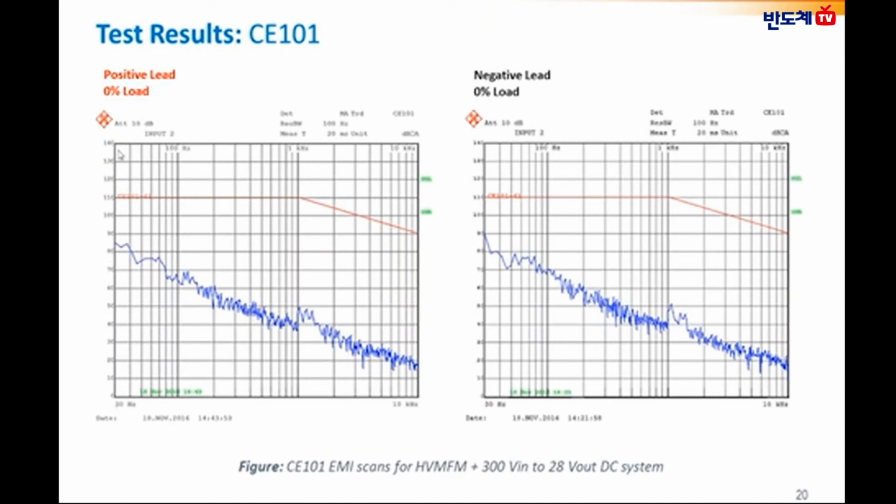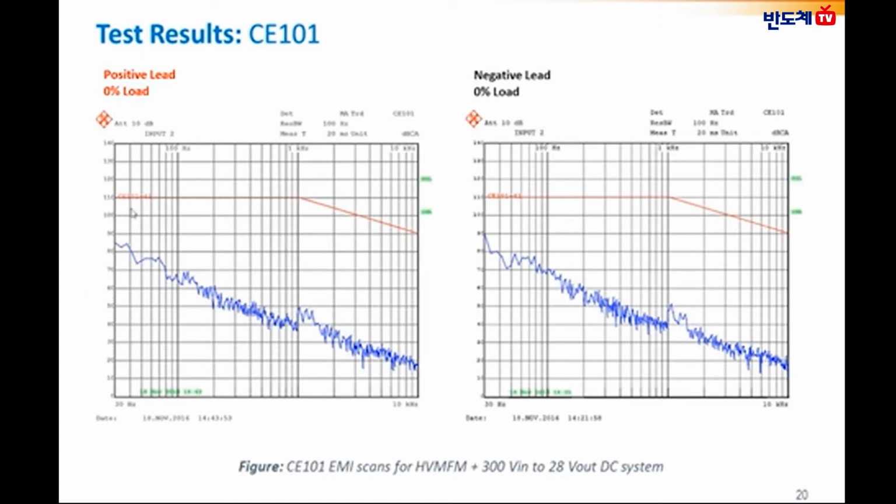Similarly, the tests have been carried out on the negative lead with a 0% load, and from both positive lead as well as negative lead emission plots, it can be observed that the emission levels are more than 20 dB below the limit line.